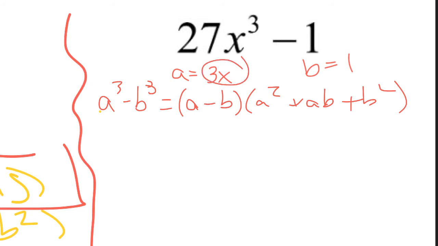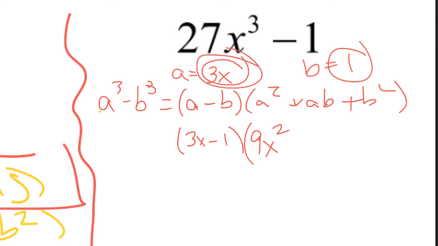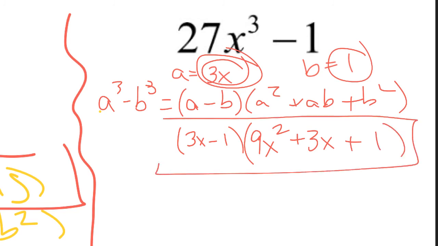So I figured out my a and my b, so I'm just going to plug those in. 3x minus 1 and 9x squared. Where on earth did the 9 come from? It was our 3x times 3x. Plus 3x times 1 is 3x, plus our b squared is a 1. So that would be our factored form for 27x to the third minus 1.